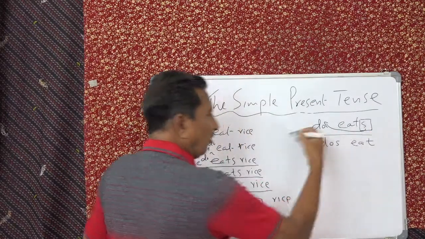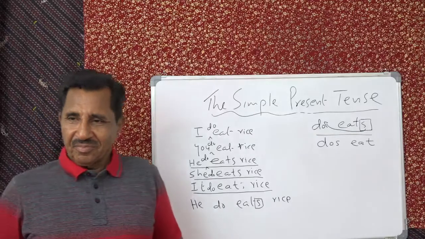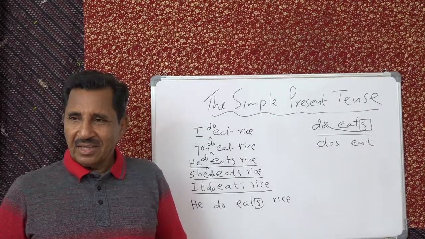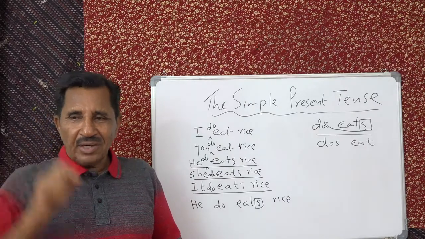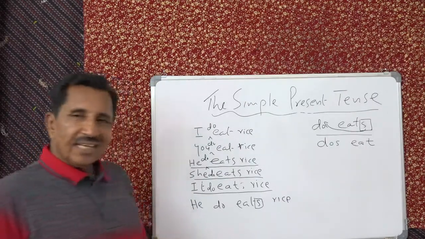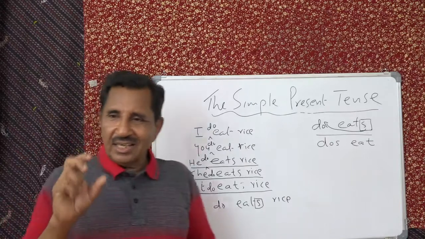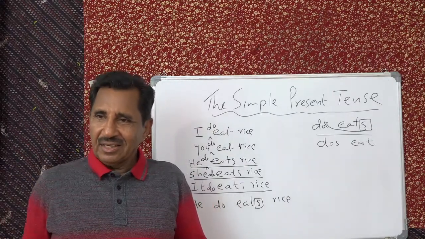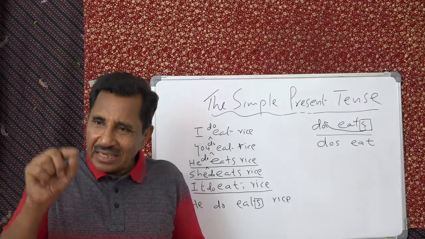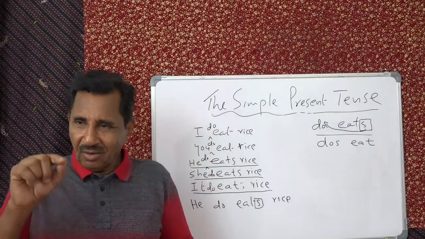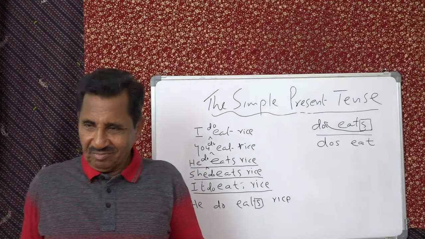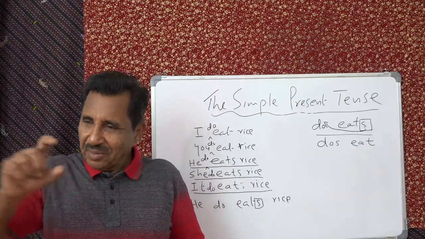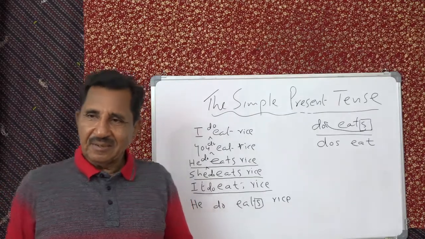Remember, this S has gone from here. Understand? You know, when we studied plural, some words ending in O, when you add S, you like to add one E also. Mango, mangoes. Flamingo, flamingos. Like that.